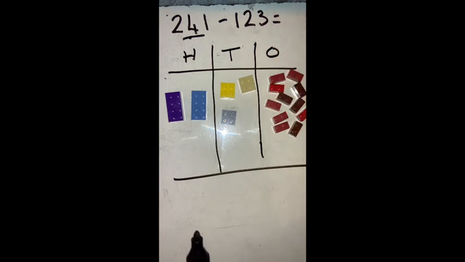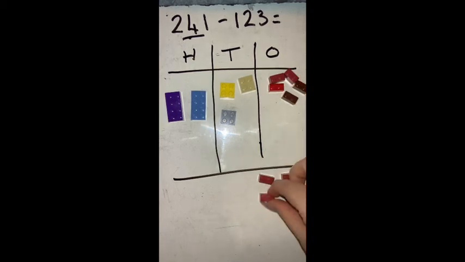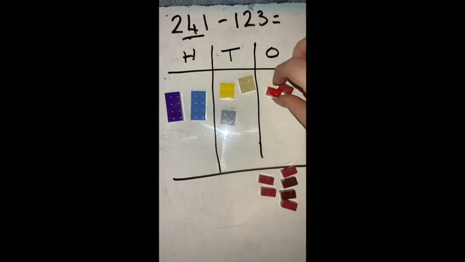Can I now do 11 take away 3? Of course, yes, that works, and I can physically take 3 of these away. So 1, 2, 3, and that leaves me with 1, 2, 3, 4, 5, 6, 7, 8.